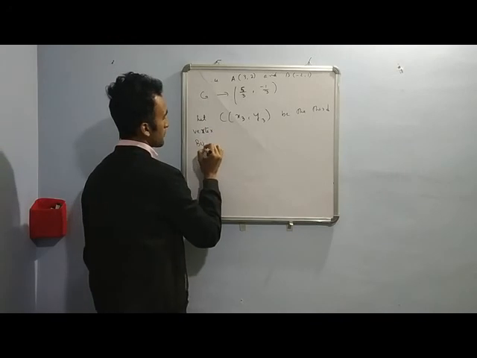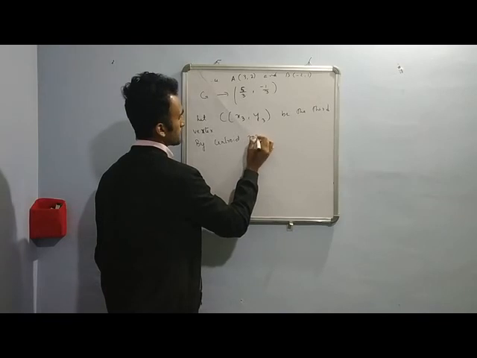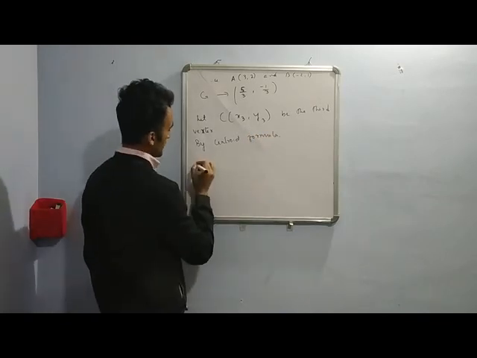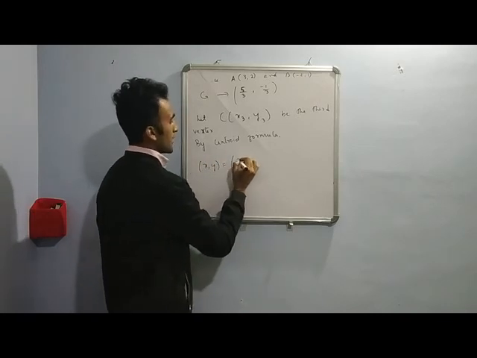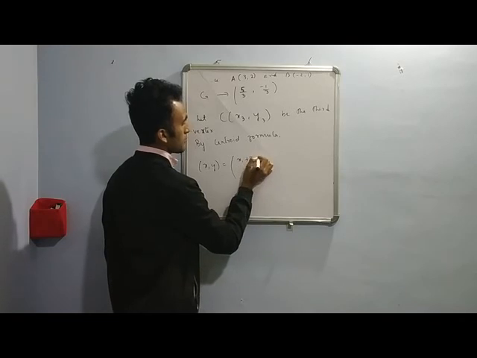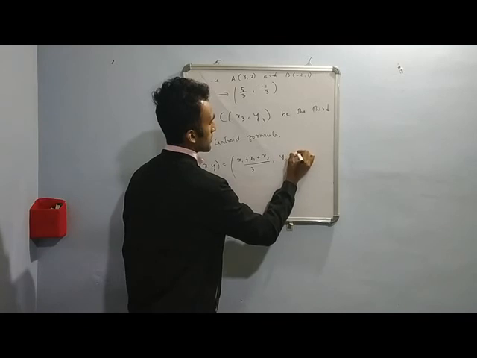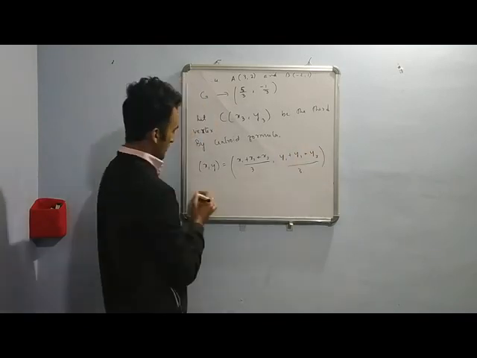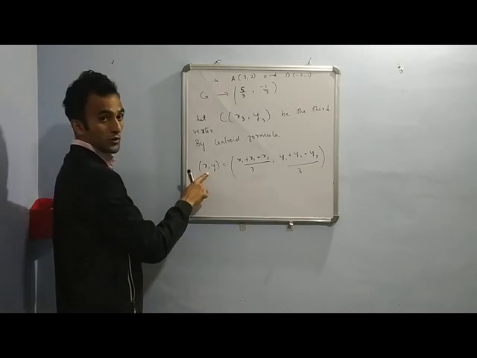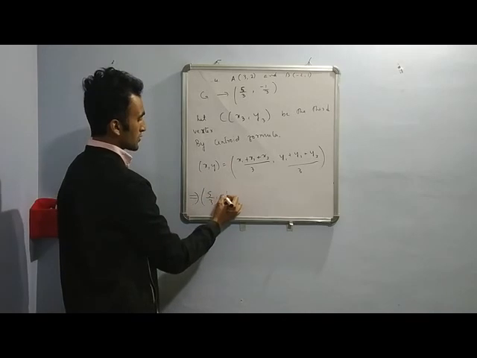By the centroid formula, x, y is equal to x1 plus x2 plus x3 divided by 3, y1 plus y2 plus y3 divided by 3. Now x, y is given, the centroid coordinates are 5 by 3, minus 1 by 3.